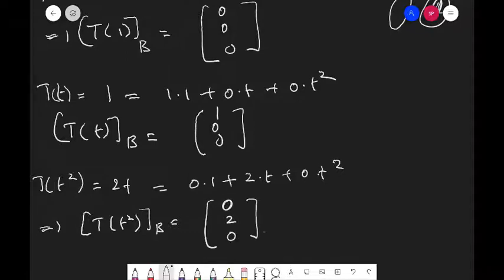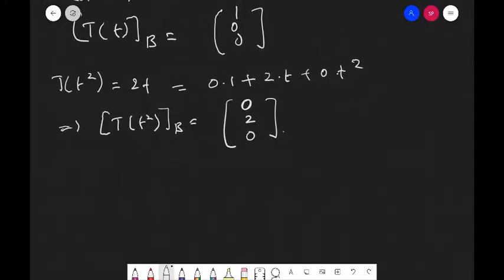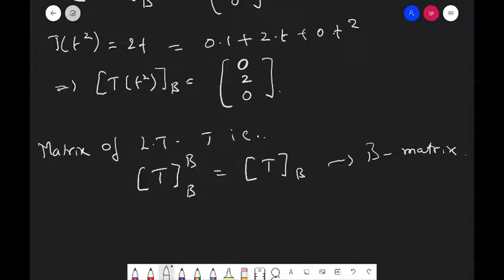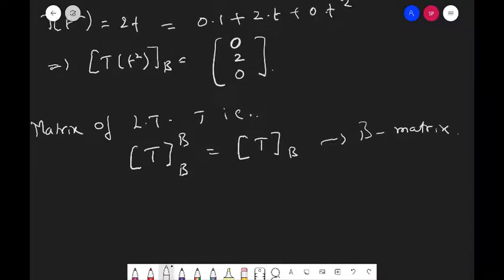Therefore, my matrix of the linear transformation T with respect to the basis, only one basis because both domain and codomain have the same basis, we call it the B matrix.